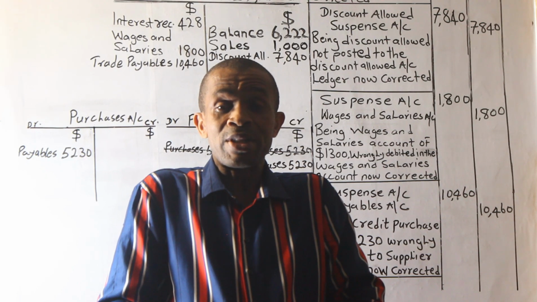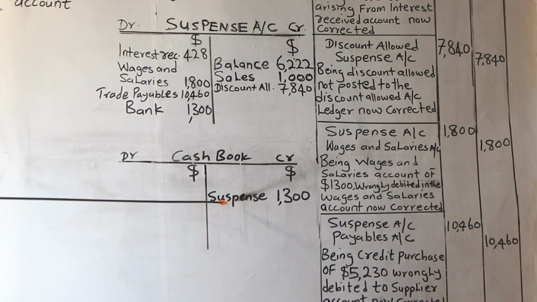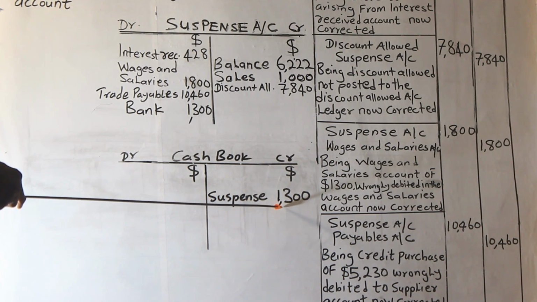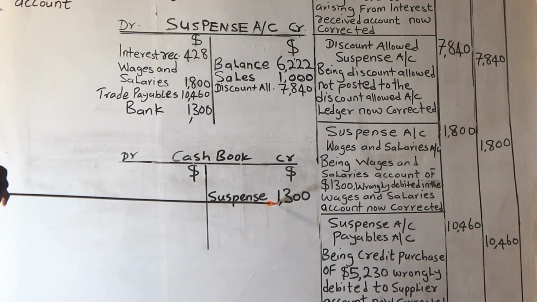And in the journal entry, the same will be made. The suspense account will be debited with $1,300, while the cash book bank column will be credited with $1,300. This error can be corrected by crediting the cash book, that is bank column, with $1,300. You can see it, suspense, since this record was not made.